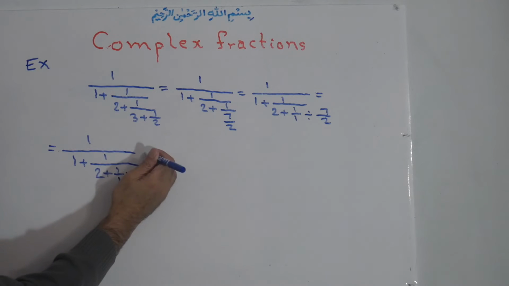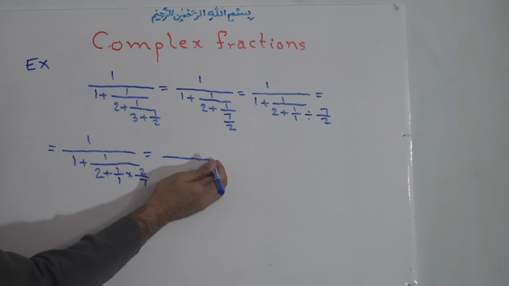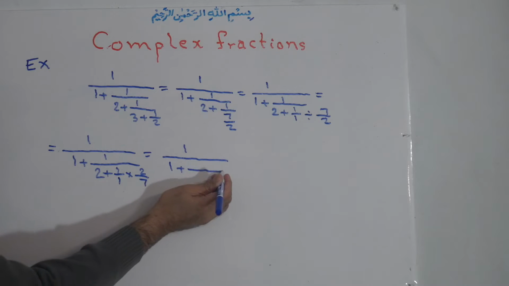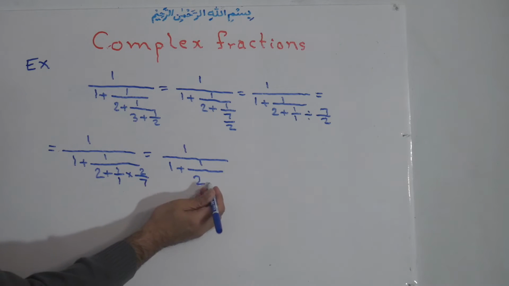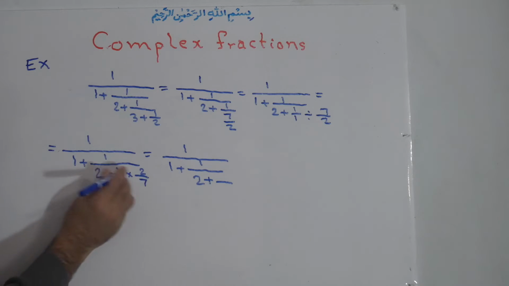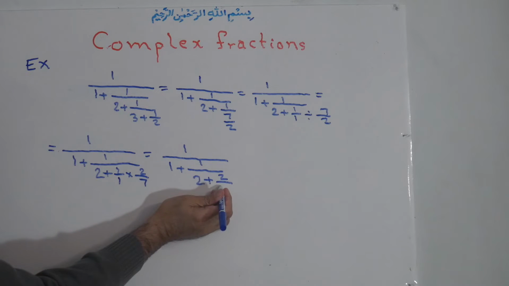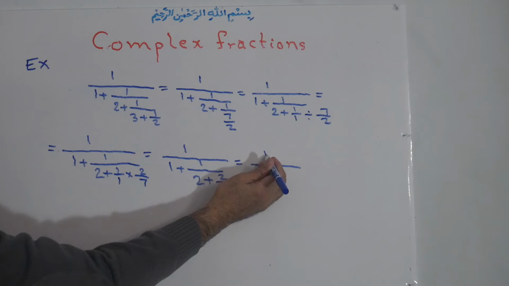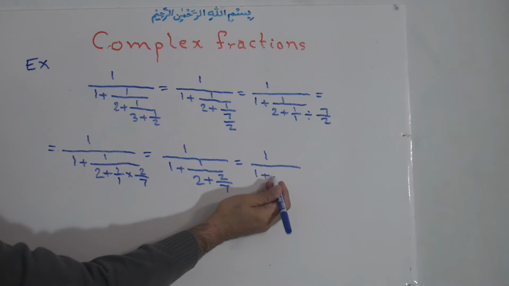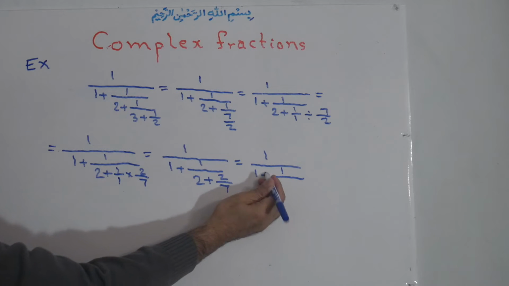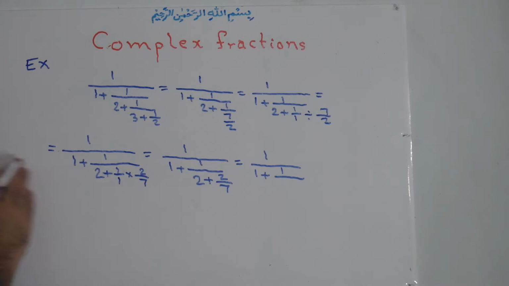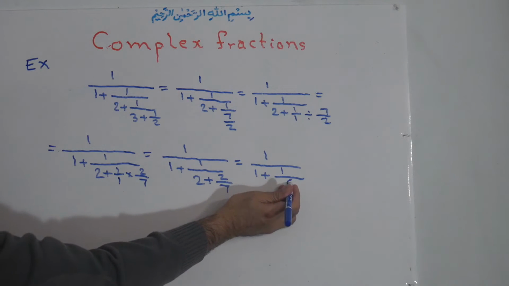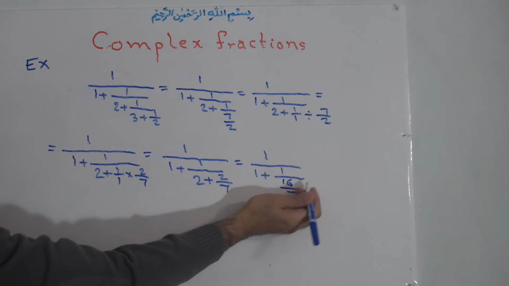Now this is equal to 1/1 plus 1/2 plus 1 times 2, 1 times 7 is 7, 2/7, equal to 1/1 plus 1/2 times 7, 14, 14 plus 2 is 16/7.